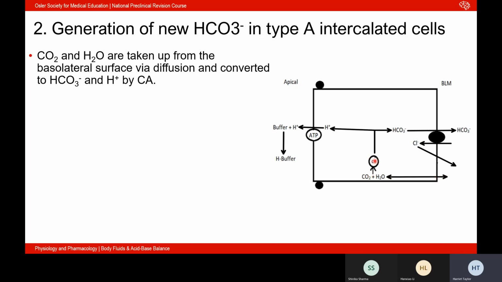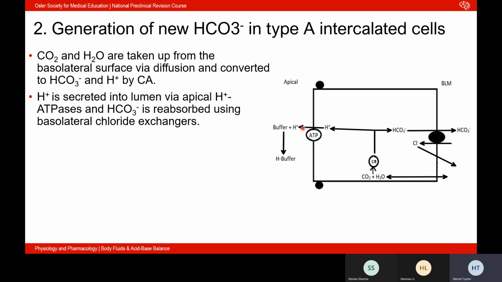The carbonic anhydrase converts them into our hydrogen ions and our bicarbonate ions. The hydrogen ions are then excreted into the apical surface, where they are bound to a buffer. So this is important because it means that they're kind of trapped on this side. Whereas our bicarbonate ions are transported across the BLM into our plasma.